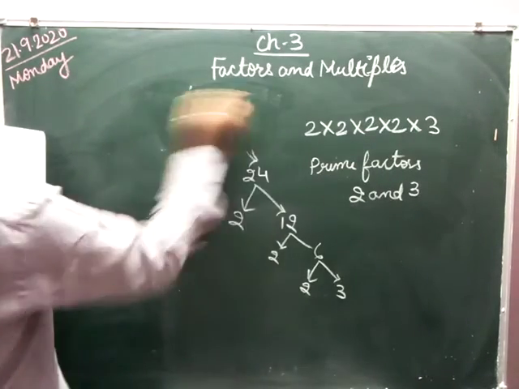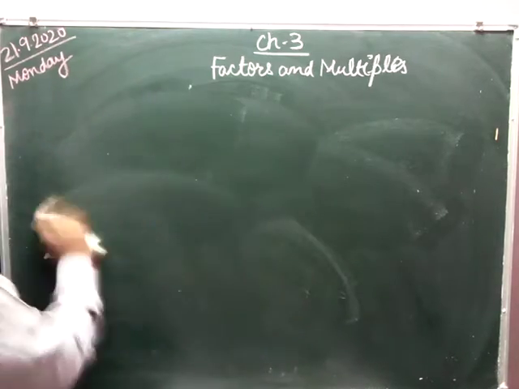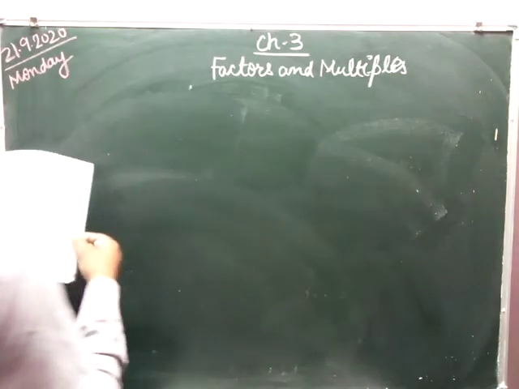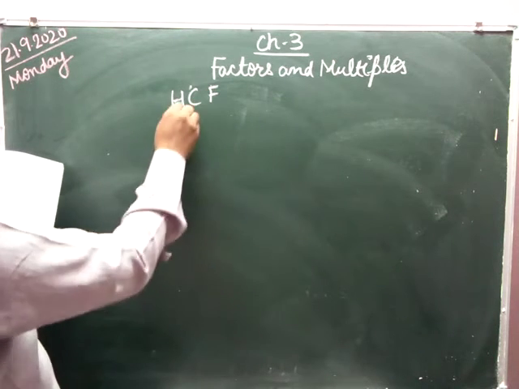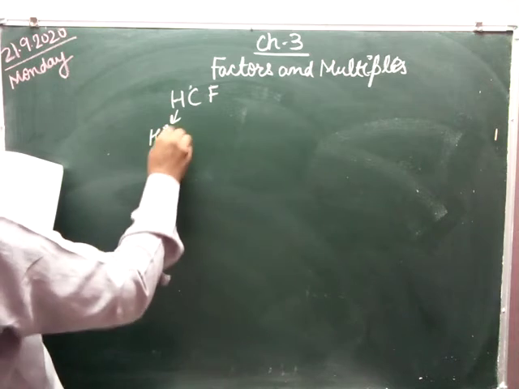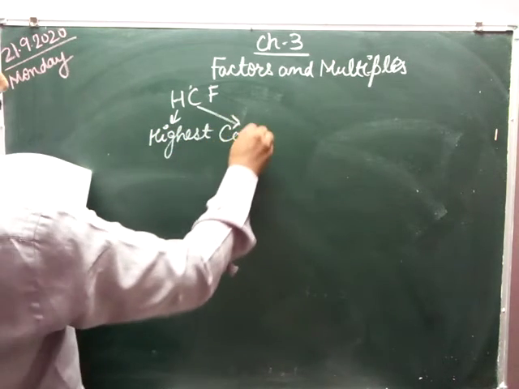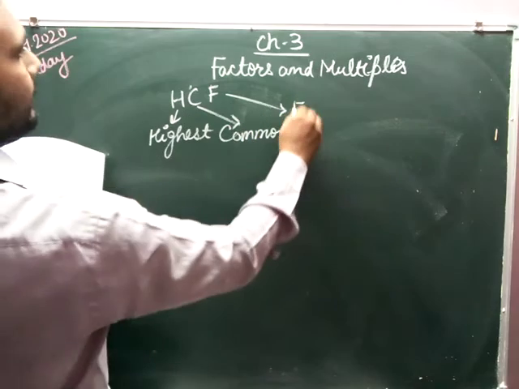Next is the HCF: highest common factor, or greatest common divisor. H for highest, C for common and F for factor.